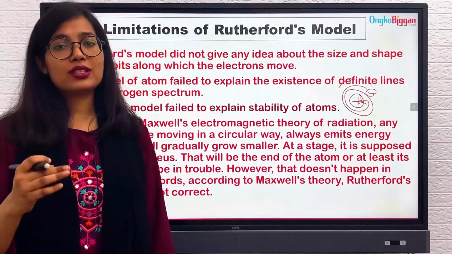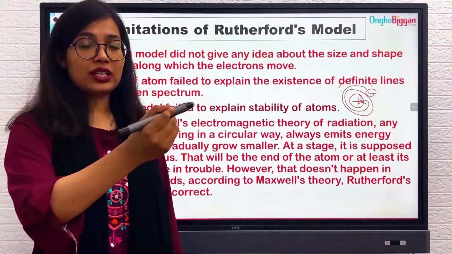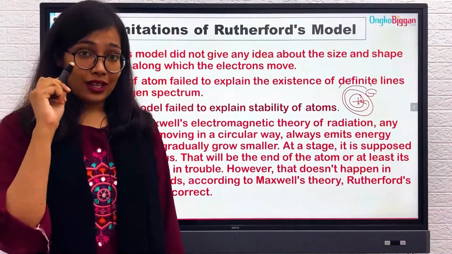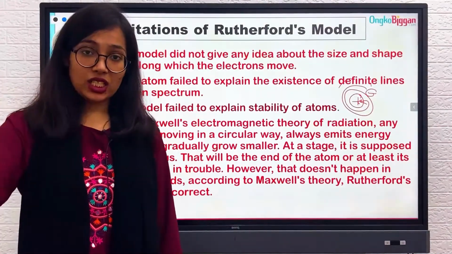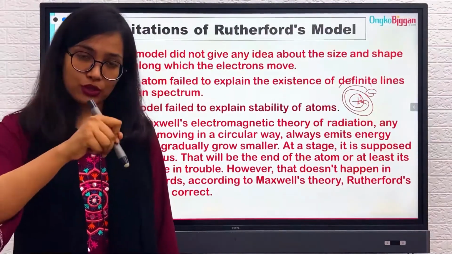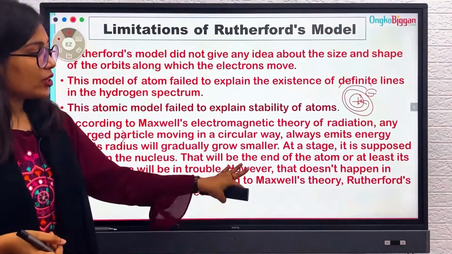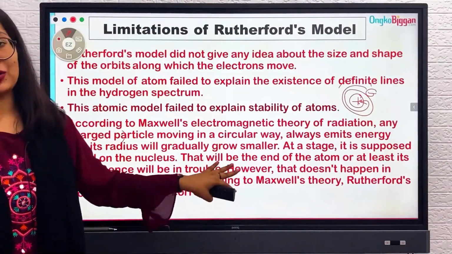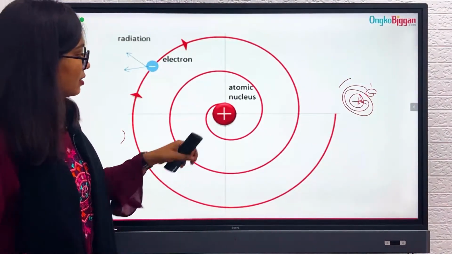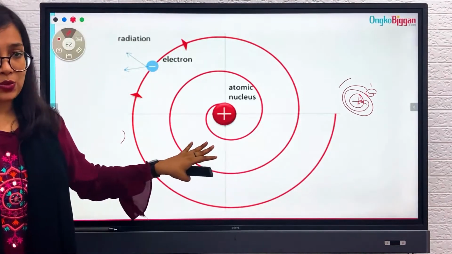In the atom, electrons are always revolving around the nucleus. There is an attraction force, but it doesn't lead the electron to fall into the center with the protons and neutrons. So if we follow Maxwell's theory, then Rutherford's theory is not correct. This picture expresses Maxwell's theory.